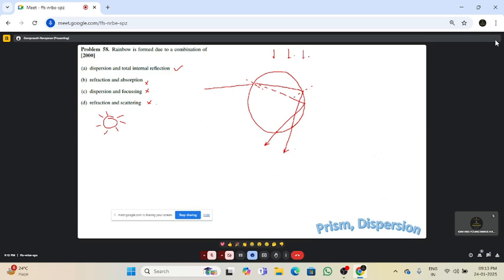It should be raining here, or you should be standing near a waterfall. The observer should be here. A very often asked question: the observer must be looking at the water particles, which means the sun should be behind the observer. Only then will you be able to see it. If the sun is on this side, you cannot see a rainbow. Okay? So the sun cannot be on this side; the sun has to be behind the observer. So make some proper notes.